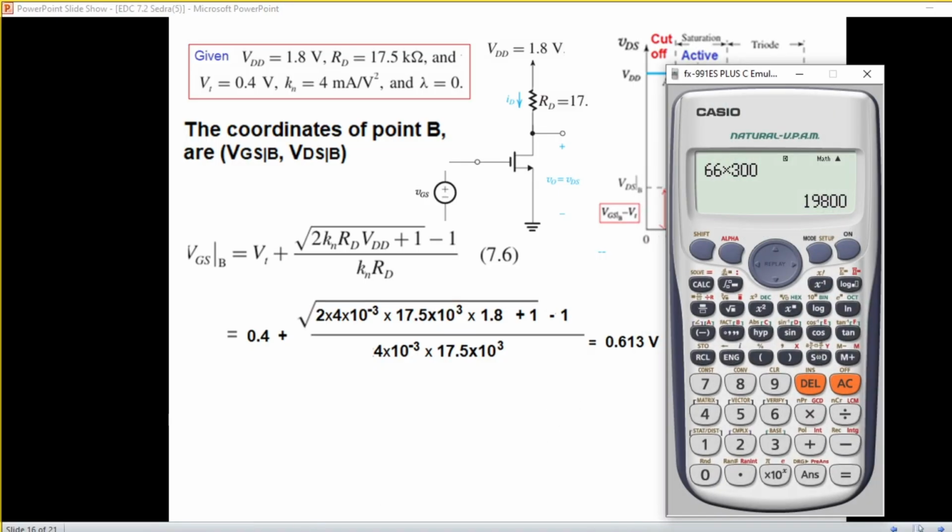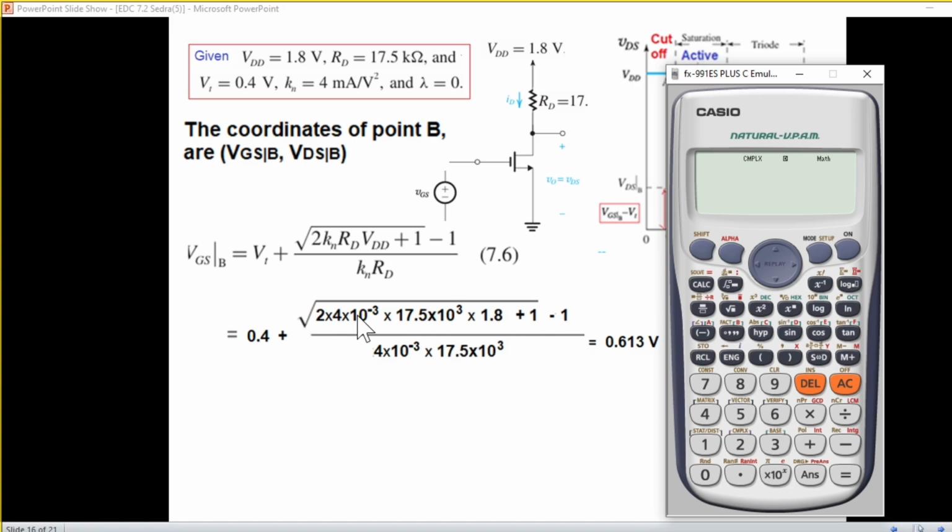If you take your calculator, go to the mode and select complex 2. So it is now in complex mode. You can do all the calculations, although you don't need to be in complex mode here because there are no J terms, imaginary terms.